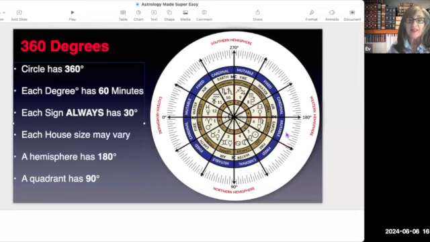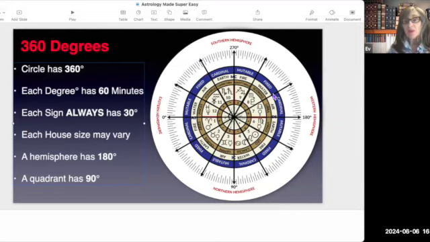This is nighttime in astrology world. This is daytime in astrology world. This is the eastern horizon when you were born. So the moment you were born is right here, and that will depend on whatever time it is, right here.